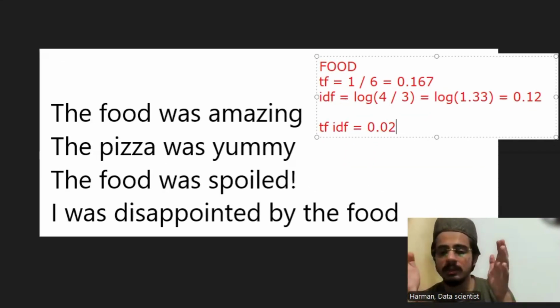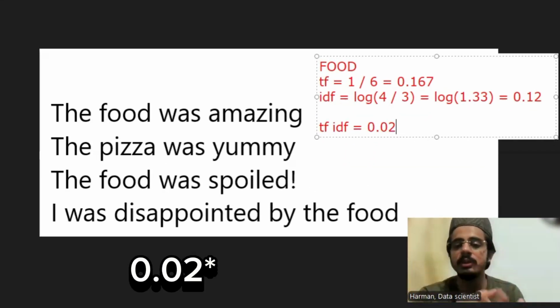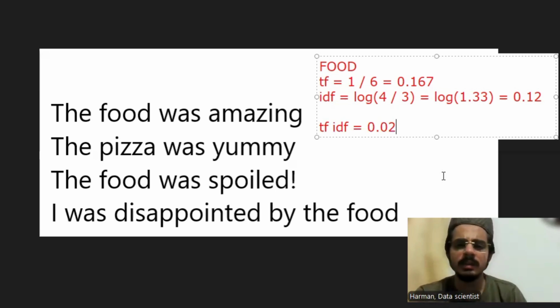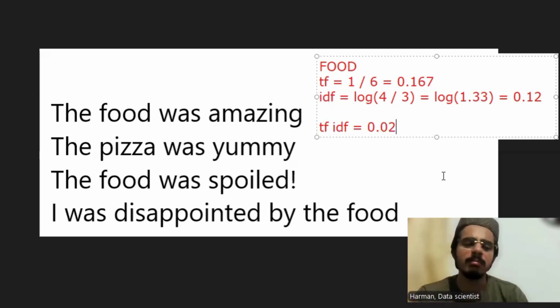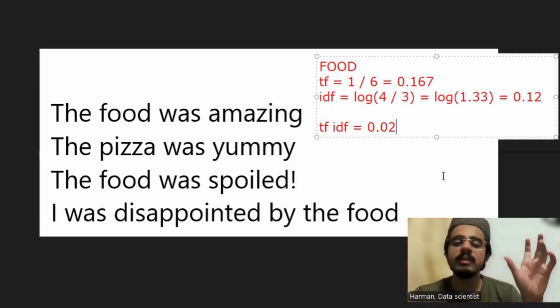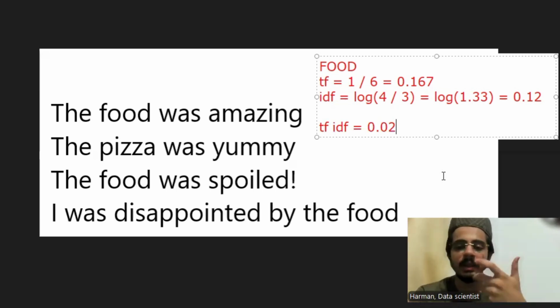So the word food has an importance of 0.02 in our document. You may think that it is not a very valid importance according to our mind, but according to tf-idf it is the correct importance, and we are dealing with 4 examples only.